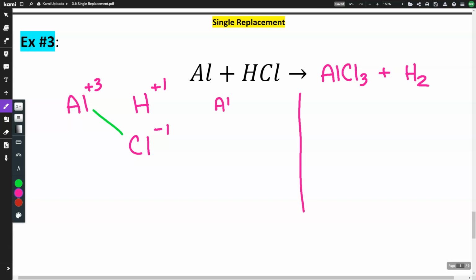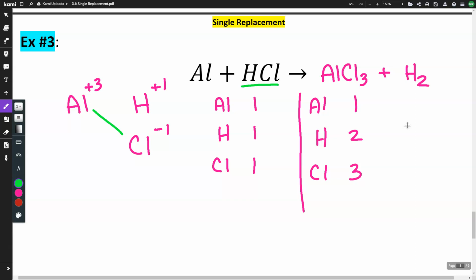So we've got aluminum, hydrogen, chlorine, aluminum, hydrogen, chlorine, 1, 1, 1. On the right side, 1, 2, 3. Let's start with the hydrogens. So I have 2 on the right, I have 1 on the left, but I'm noticing here that chlorine and hydrogen are next to each other, and I'm just kind of looking ahead here.